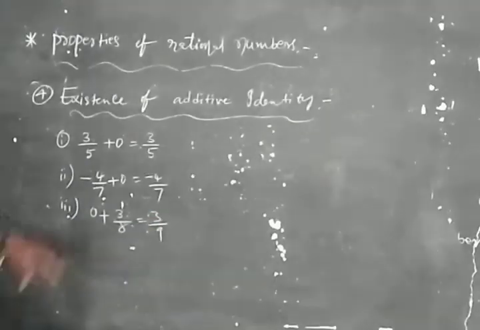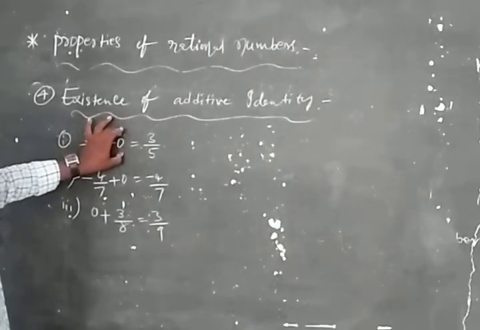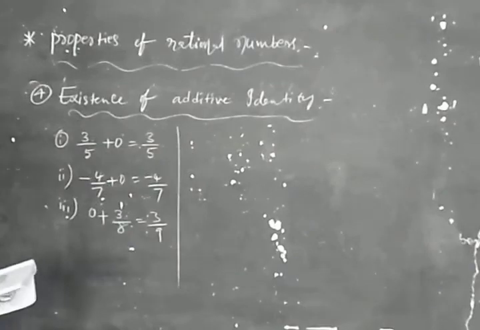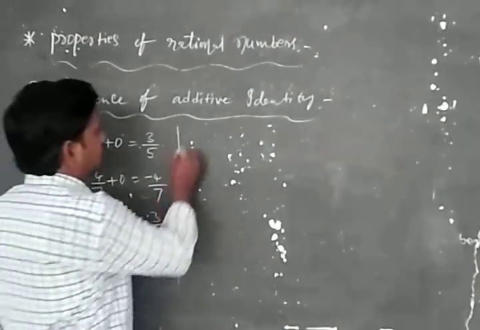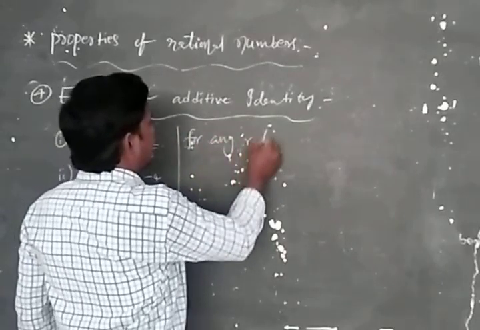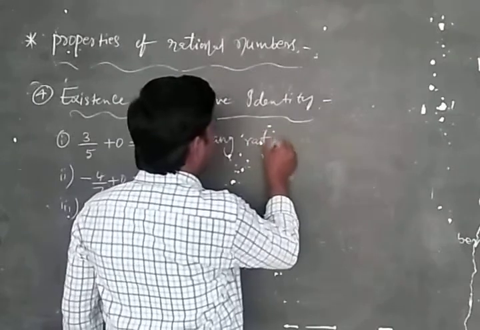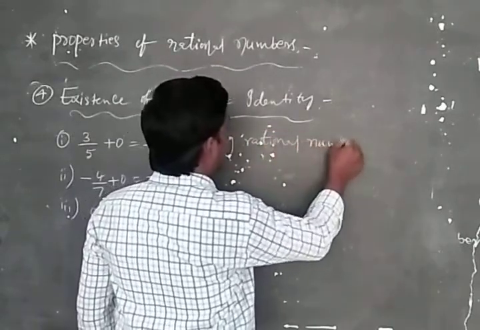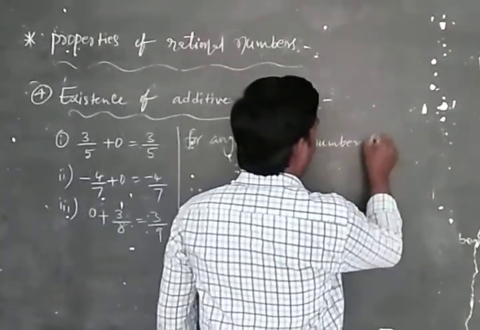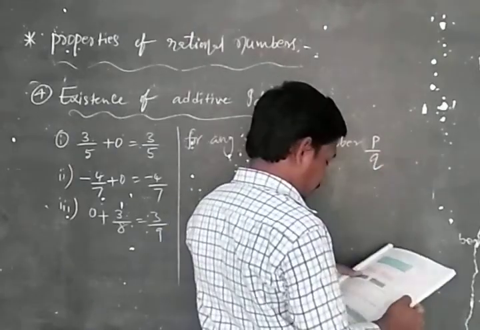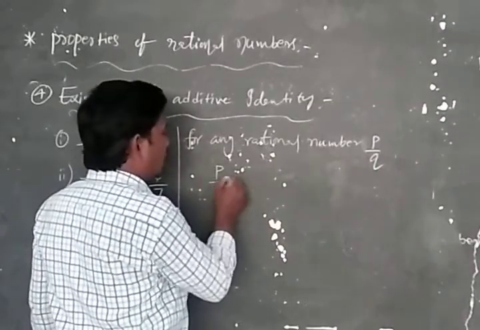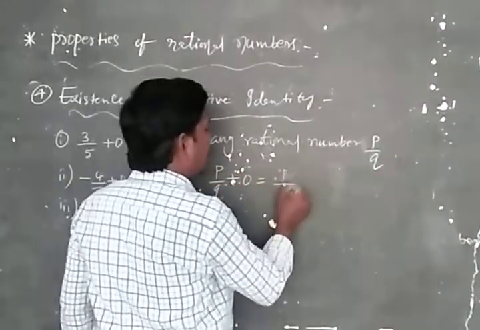So here 0 is the additive identity for the rational numbers. So we have to write here, for any rational number p by q, p by q plus 0 equals p by q.